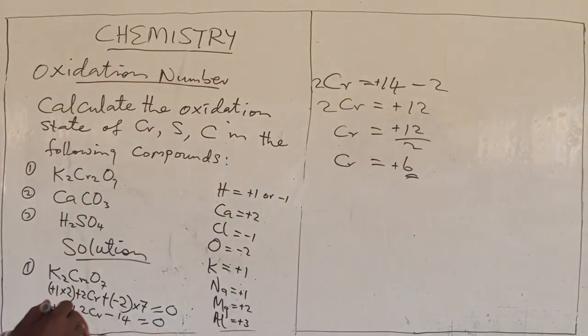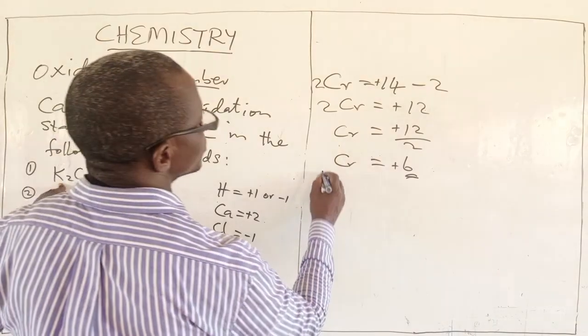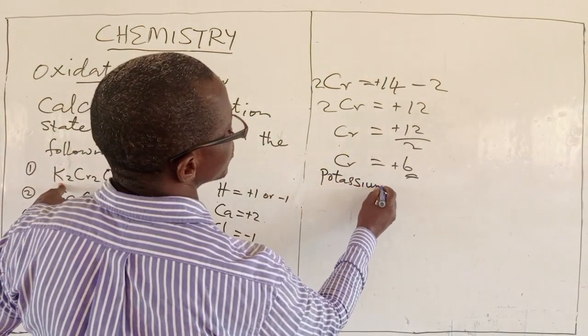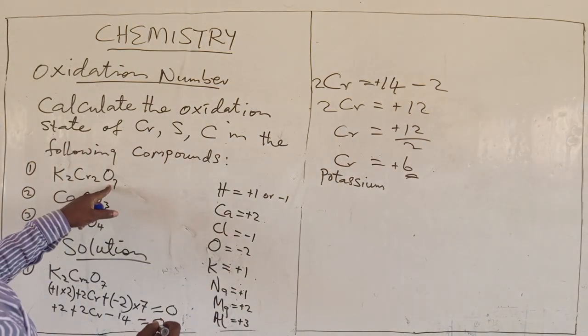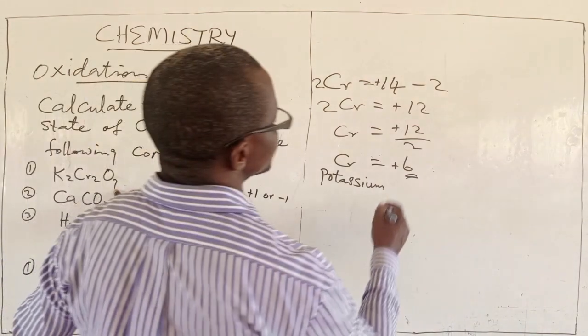So if you are to name that compound, because it's a primary compound, mention this first, jump to this before you end here. So that will give us potassium. Oxygen becomes oxo. How many? 7. 7 means what? Hepta.